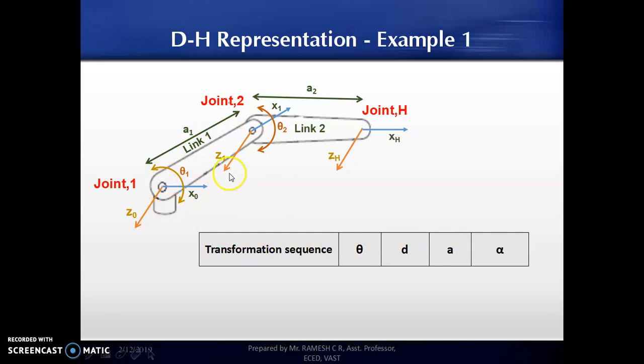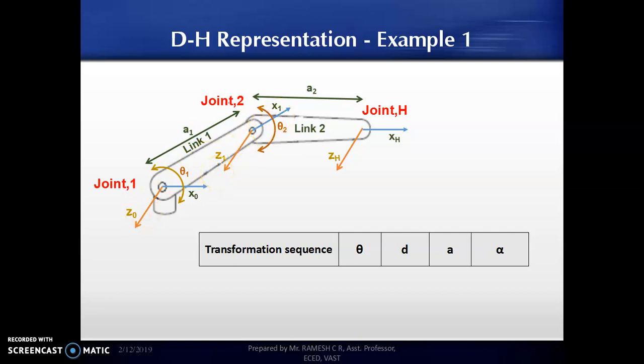So let us start filling the DH transformation sequence, or the DH parameter table. First, let us consider only joints 1 and 2. That means, what are the values for each of these DH parameters when our robot frame transforms from joint 1 to joint 2, that is, from the x0 z0 axes to the x1 z1 axes.